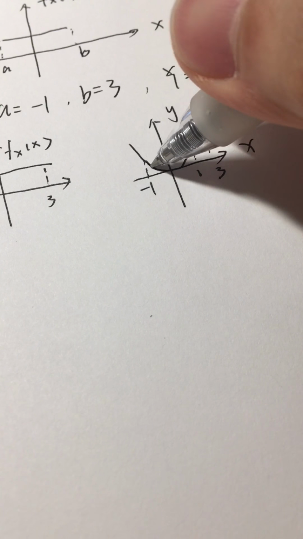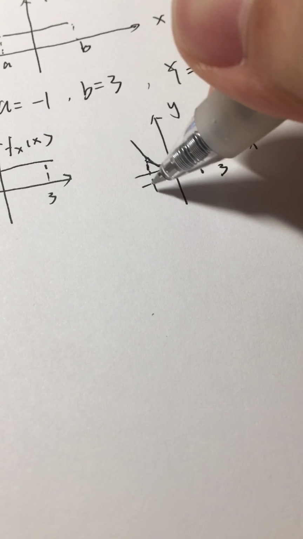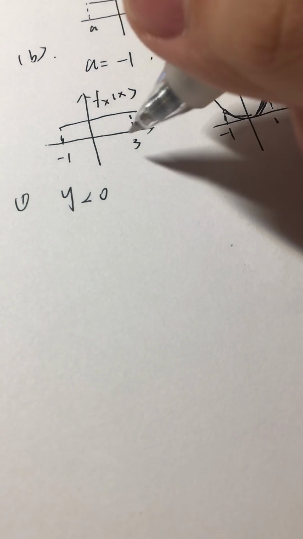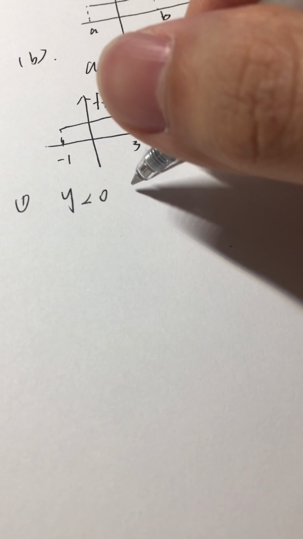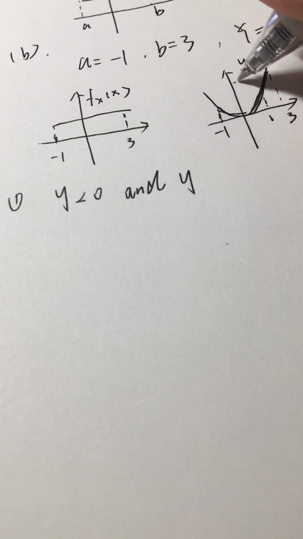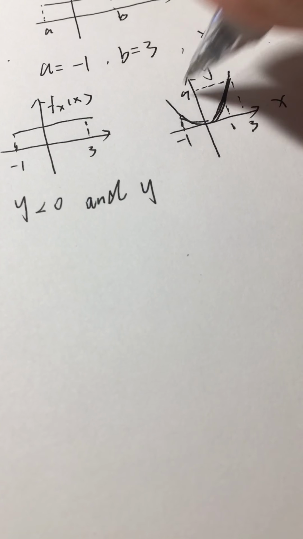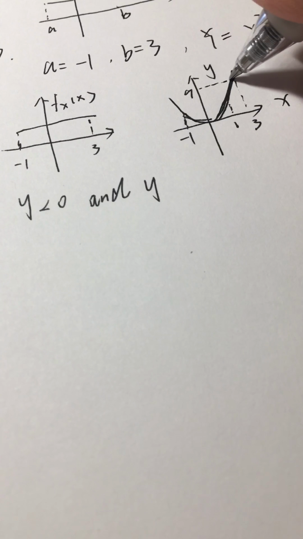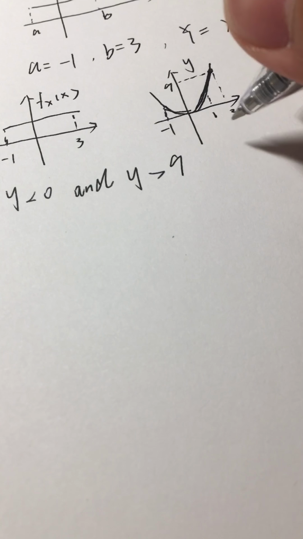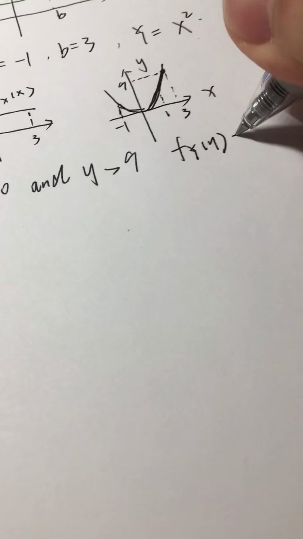So this picture takes this part from -1 to 3. When y is less than 0, fy is 0. The value of y is 9 at this point, and when y is greater than 9, fy is 0.